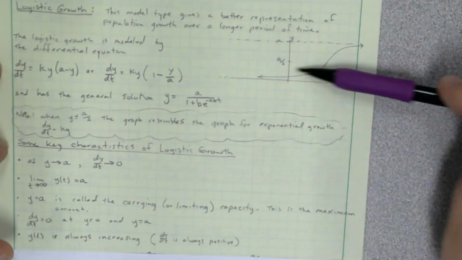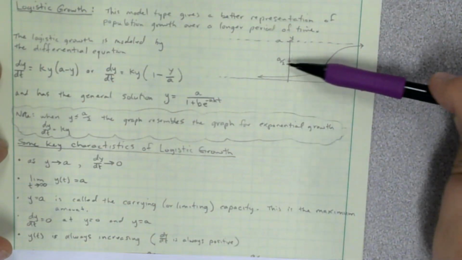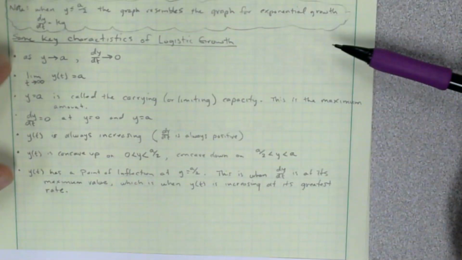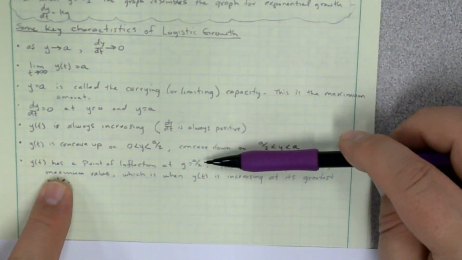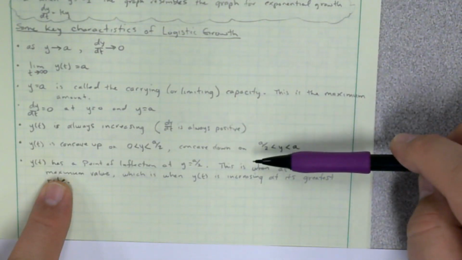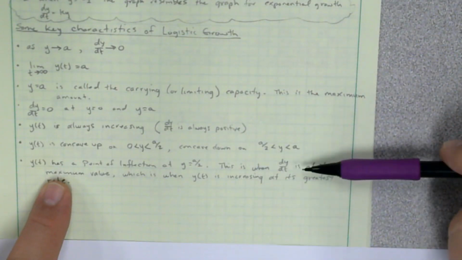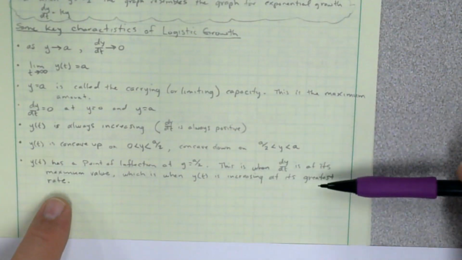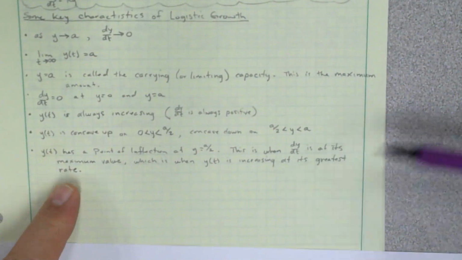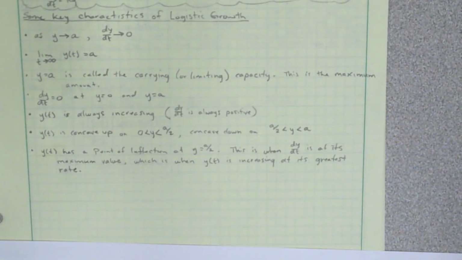So that is a point of inflection, and y of t has a point of inflection at y equals a over 2. This is when dy/dt is at its maximum value, which is y of t increasing at its greatest rate. Remember that phrase? It's going to be used in your problems. When is this population increasing at its greatest rate? That is going to be the a over 2 number.